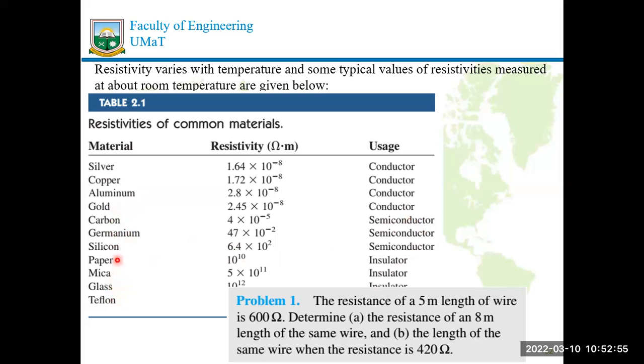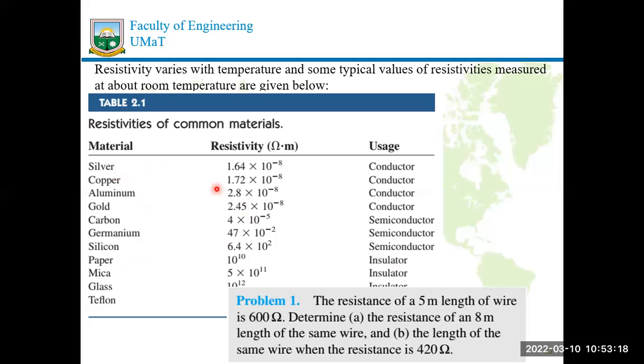If you remember, in one of the quizzes, there was a question asking which of the following is an insulator. The answer was supposed to be paper. I saw a student selecting copper. I'm very sure the student didn't read that sentence well.